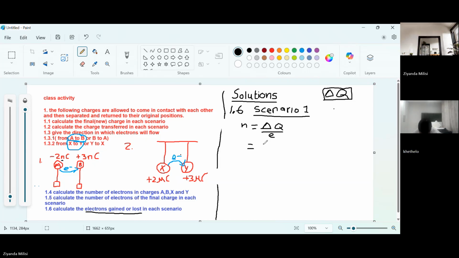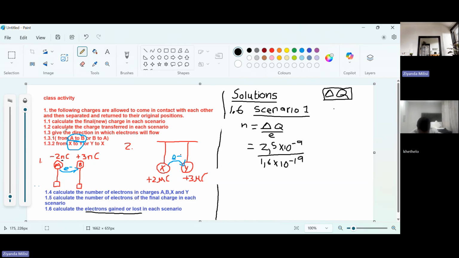It's 2 times 2.5 times 10 to the power of negative 9, divided by 1.6 times 10 to the power negative 19.